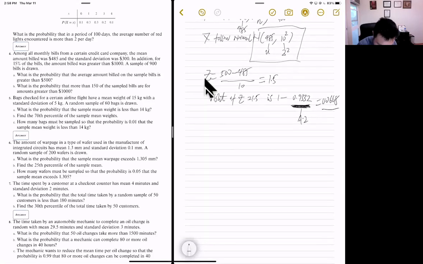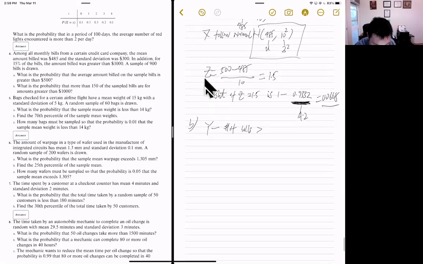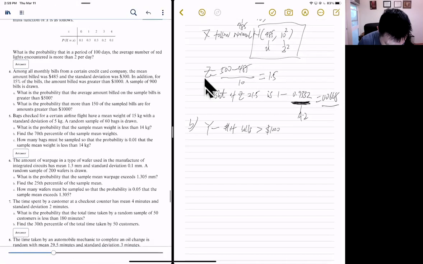Okay, so let's define Y. So Y is the number of bills whose amount is more than $1,000. The question tells us, the second sentence, for 15% of the bills, the amount is more than 1,000. Okay, and totally we have 900 bills.